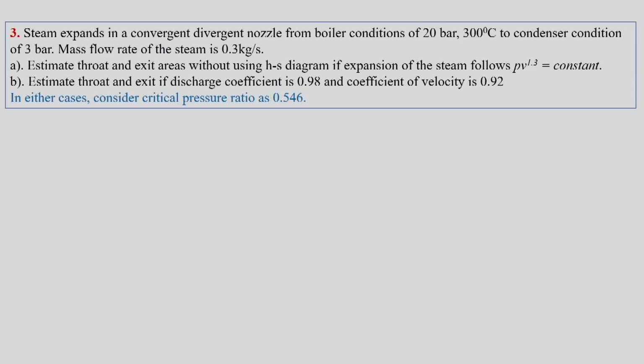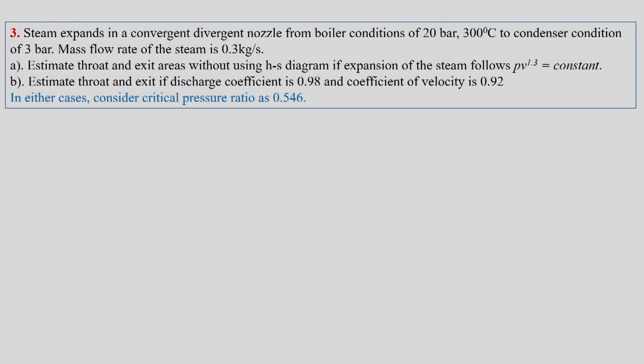The next example states that steam expands in a convergent divergent nozzle from boiler conditions of 20 bar 300 degrees Celsius to the steam condenser which is at 3 bar. Mass flow rate is 0.3 kg per second.